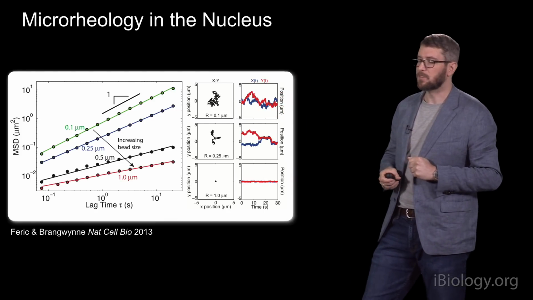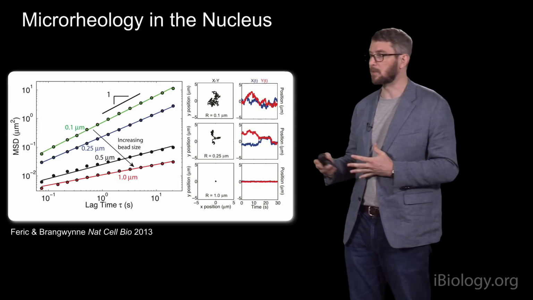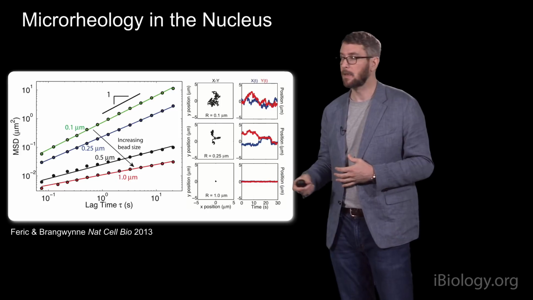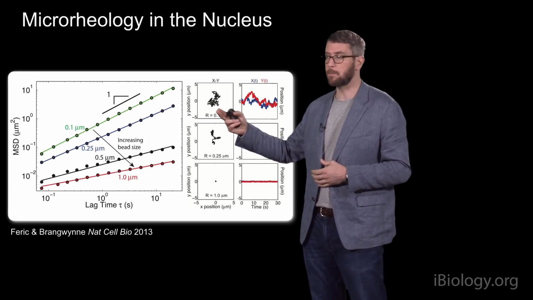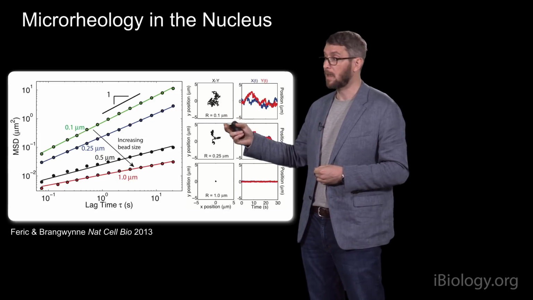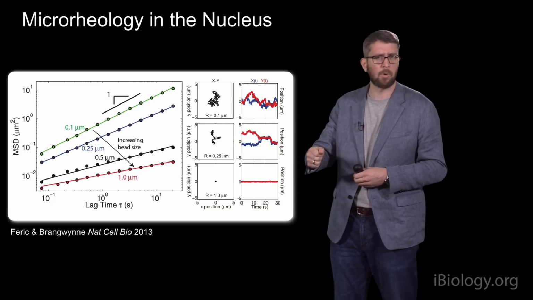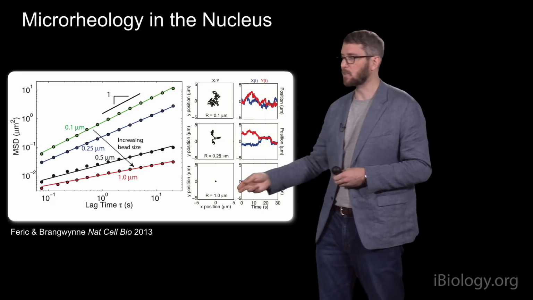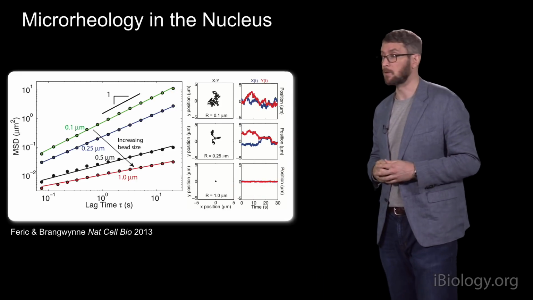And so there seems to be increasing constraint on the motion of the particles as we get to larger and larger particle sizes. And you can see that here in the position traces of the beads. The small beads really kind of just undergo Brownian motion, diffusing around. As you get to larger particles, we see this intermittency where they seem to be hopping maybe between pores, if you like. And then the largest particles really are starting to be highly constrained within the nucleus.